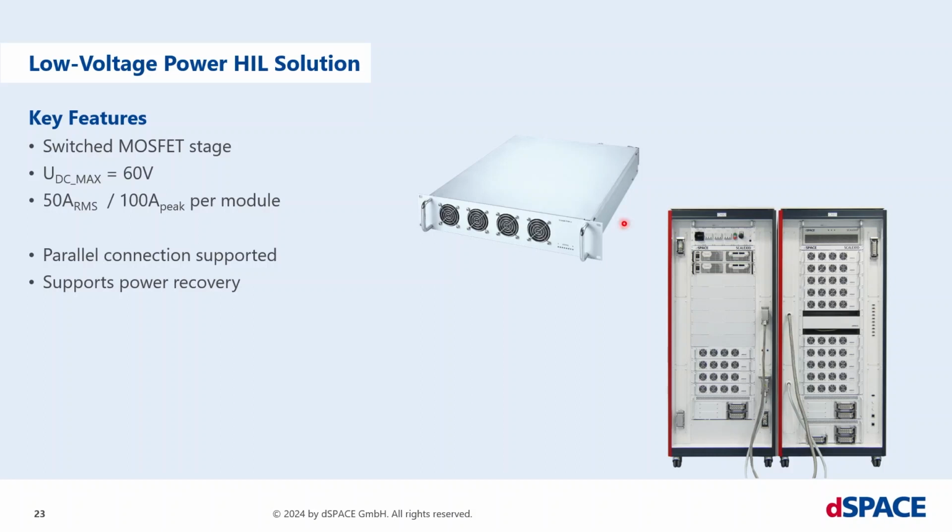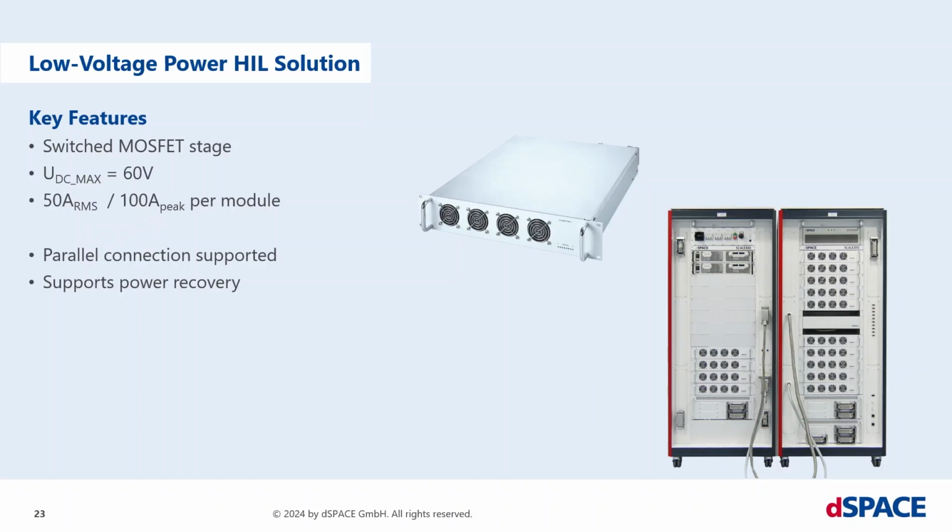These low voltage load modules include a switched MOSFET stage and have a maximum voltage of 60 volts. Each load module can represent 5 functions, and each function has a maximum current of 50 amps RMS or a peak current of 100 amps for 1 second.